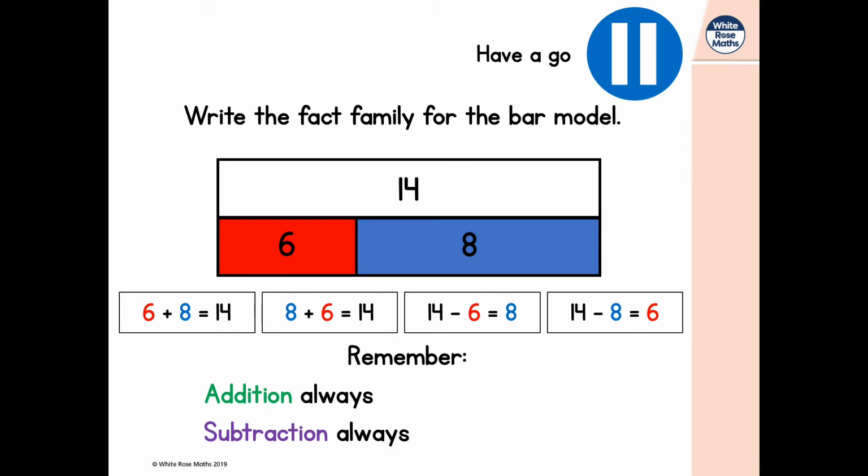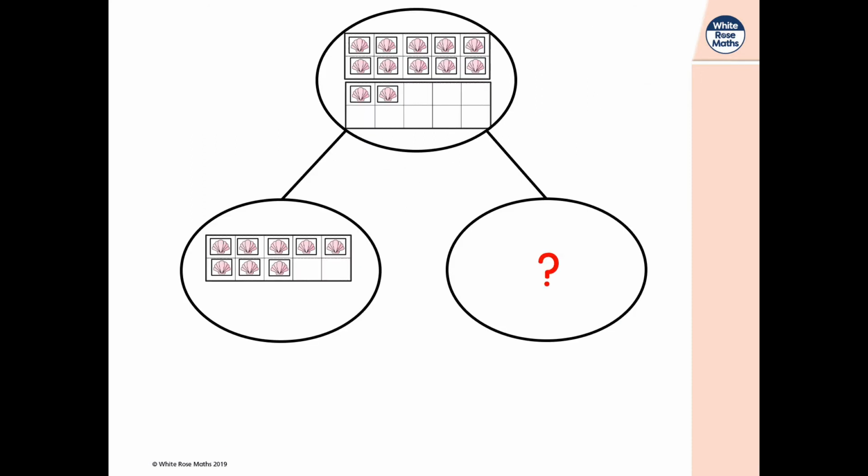Did you remember? What is it about addition? What is it about subtraction? Addition always adds both parts, and subtraction always begins with the whole. Let's take a look at this part-whole model. Oh, it's not finished. I can see the whole, and it has 2 10 frames.